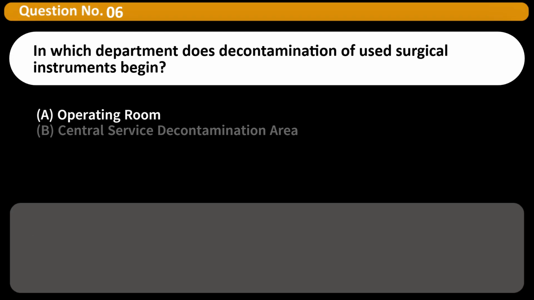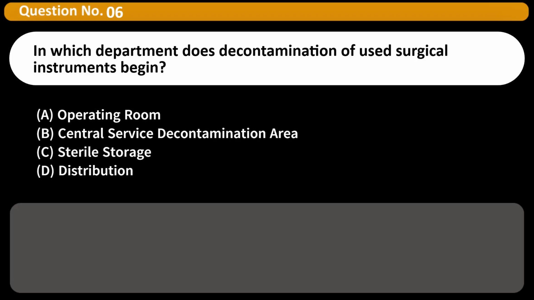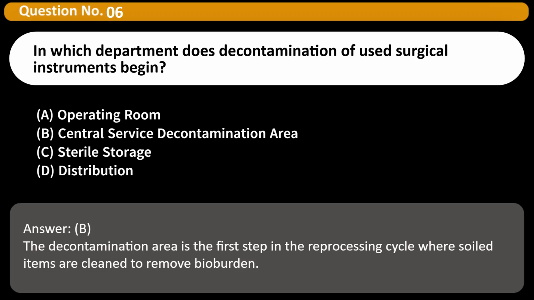In which department does decontamination of used surgical instruments begin? A. Operating room. B. Central service decontamination area. C. Sterile storage. D. Distribution. Answer B. The decontamination area is the first step in the reprocessing cycle where soiled items are cleaned to remove bioburden.